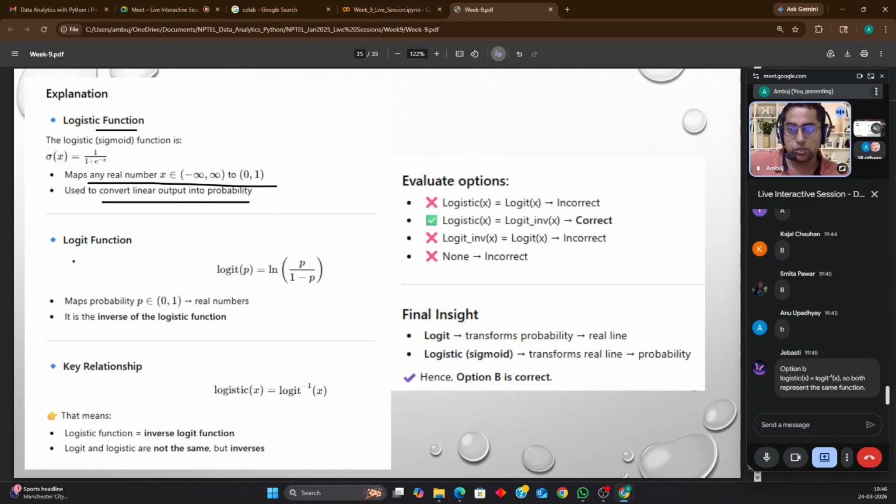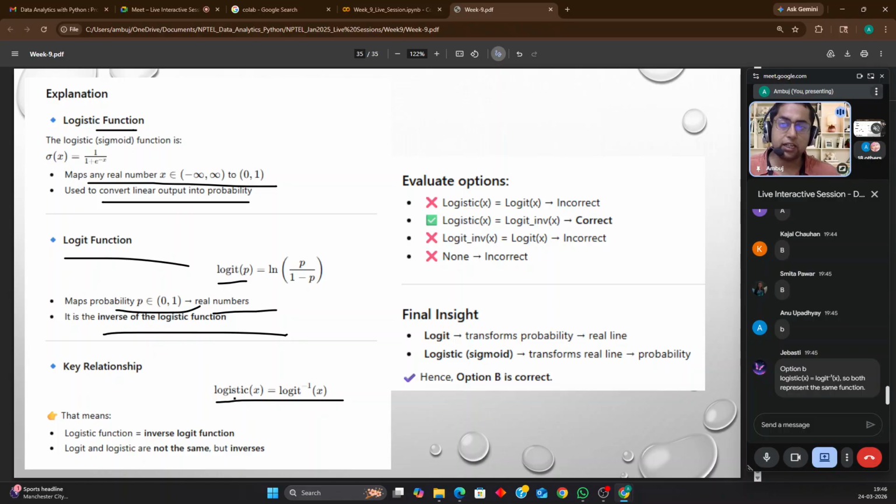Regarding the logit function, that is nothing but the natural log of P over 1 minus P, where P is the probability. P is a real number that lies between 0 and 1. The logit is the inverse of the logistic function. The key relationship is that the logistic function is the inverse of the logit function. Logit and logistic are not the same, but they are inverses.